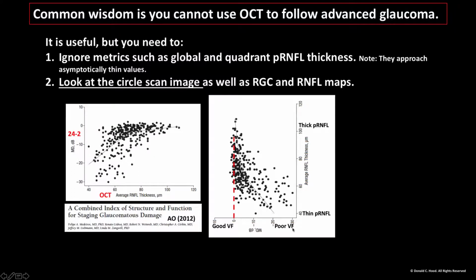And this is poor visual field. What Medeiros et al. found and what Ted and we found was that once you get beyond 15 dB, actually once you get beyond about 10 dB, then these values tend to be asymptotic. That is, on average, the global thickness is not decreasing significantly as visual field gets worse.